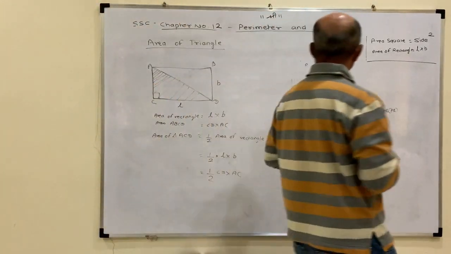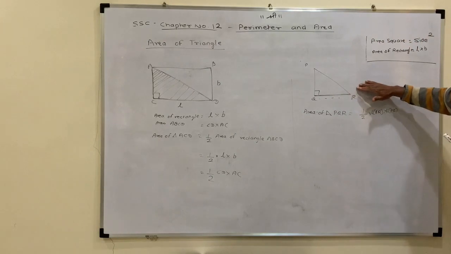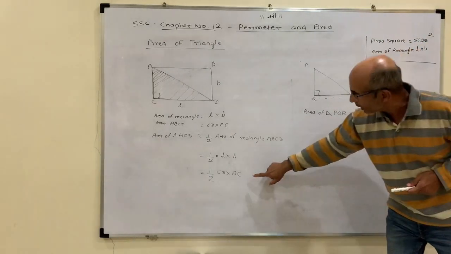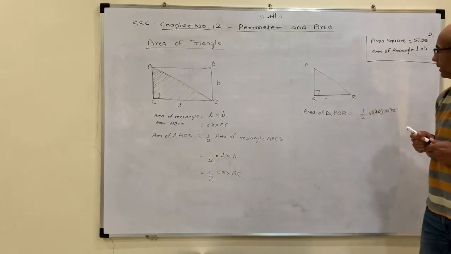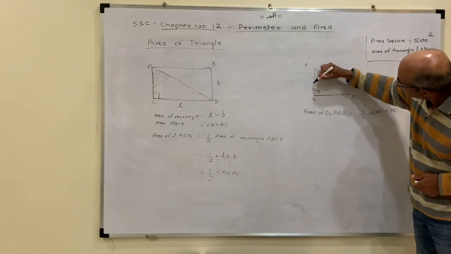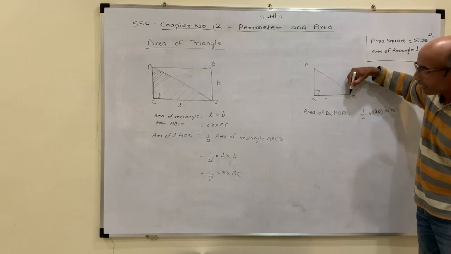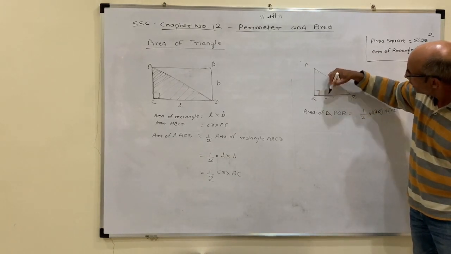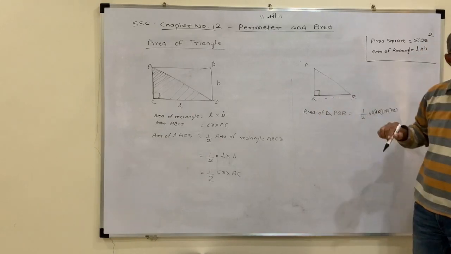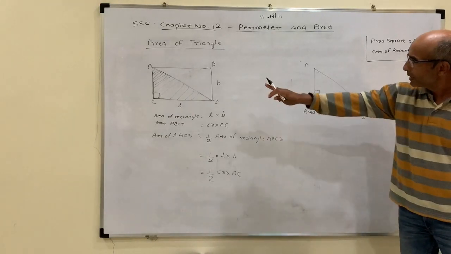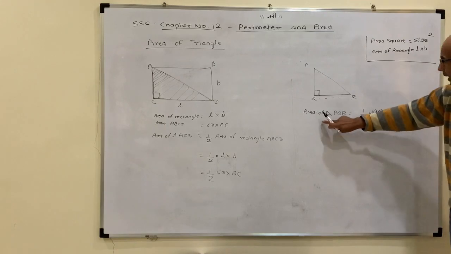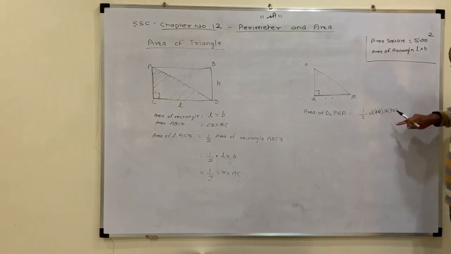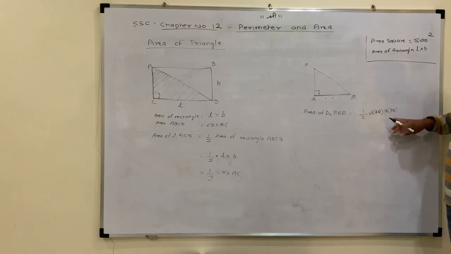Now I have taken this as a separate right angle triangle. Now area of this triangle, how much? I know the formula now. The base into the side adjacent to the right angle. This is QR and PQ. They are adjacent to the right angle. Similarly in ACD. So area of triangle PQR equals QR into PQ.